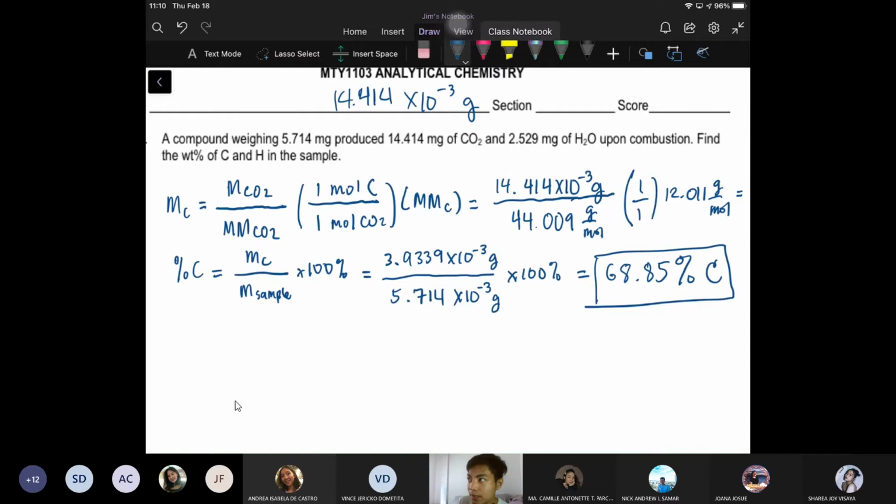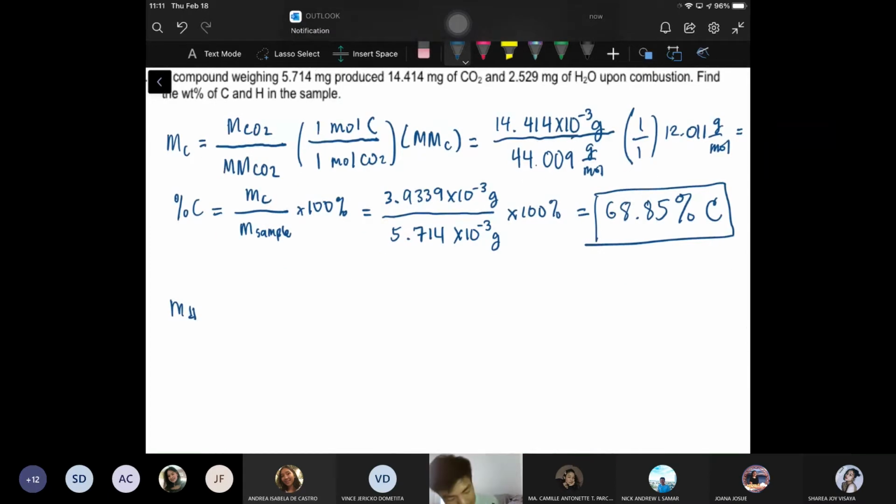What's next? Hydrogen hinahanap natin. So, i-set up na lang natin tong equation for the hydrogen. Set up na natin yung equation.